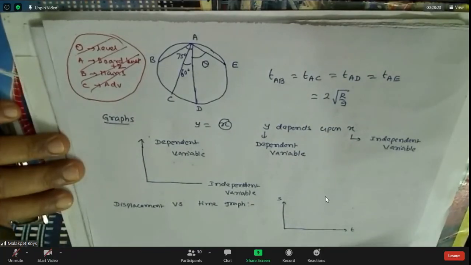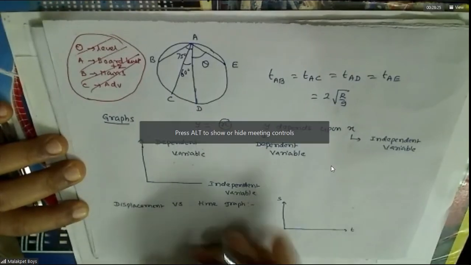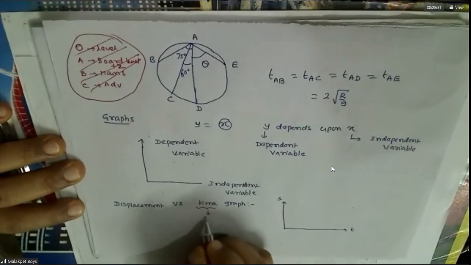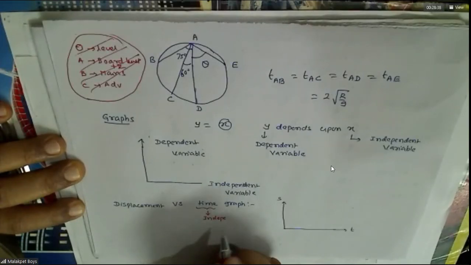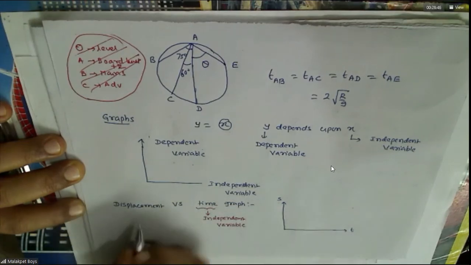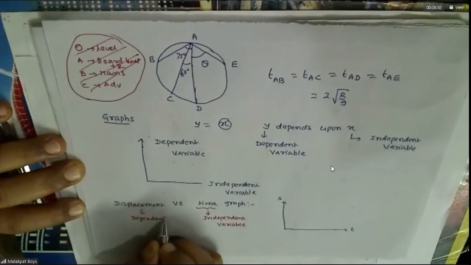Agreed? Out of this, what is the dependent variable and what is independent? Time is independent. Time goes on flowing, whether the displacement is zero or increasing, time will not stay. That's why we take time here. This is the dependent variable. Any graph, we generally draw like this.